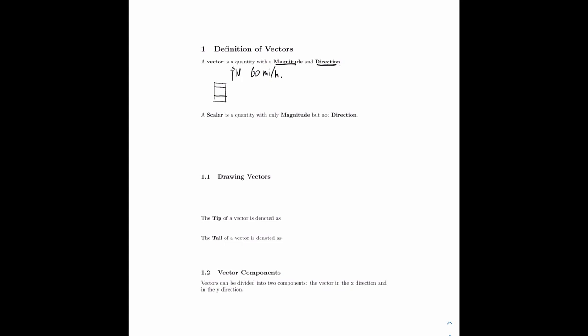This is like you're driving down the I-95 highway during Thanksgiving break to go back to your home or whatever. And this motion of your car would be a vector because it has a magnitude, right? But it also has a direction.